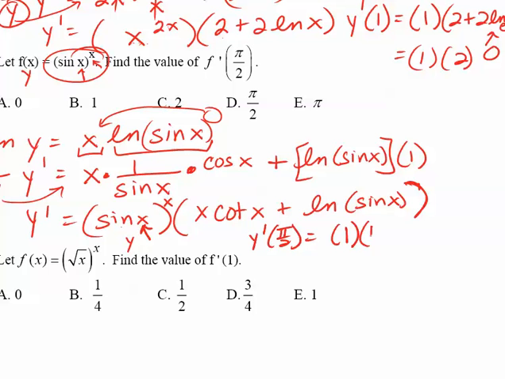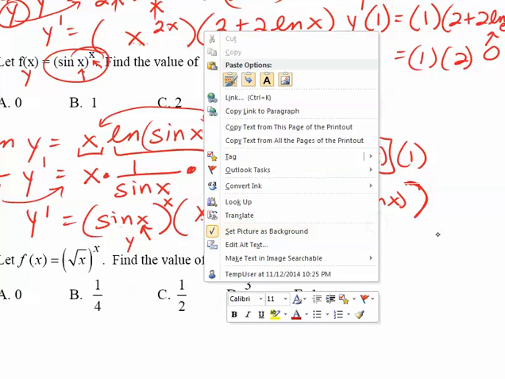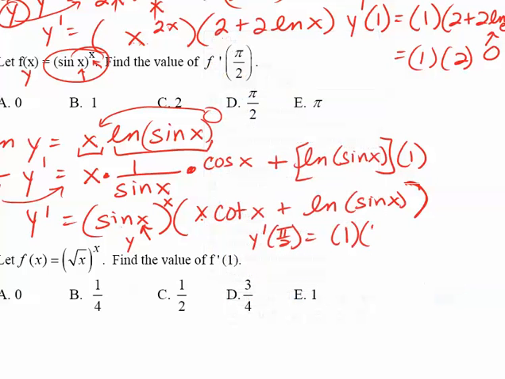And here we have 1. The cotangent of, oops, I'm putting in 1 instead of pi over 2 for x. Pi over 2 for this x. And now the cotangent of pi over 2. Cotangent is cosine over sine. And at pi over 2, the cotangent is 0.